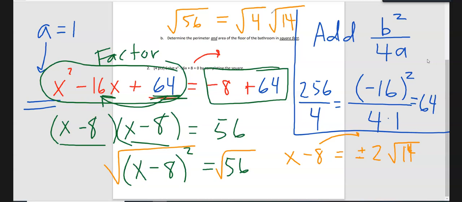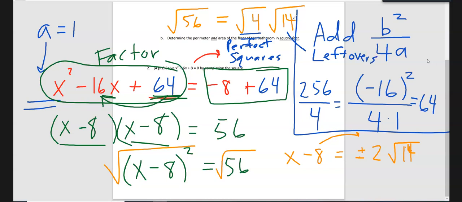Okay, so does that ring a bell on how to do that, or did I go too fast? Can you run through that one more time? Okay, so what we're looking for are perfect squares. I call them perfect squares, and then these are what I call leftovers.